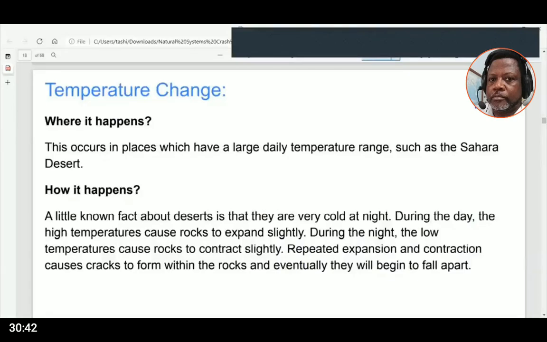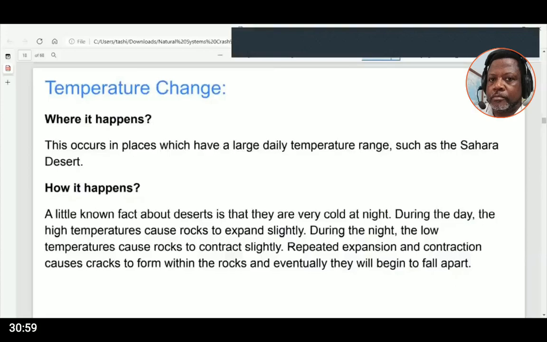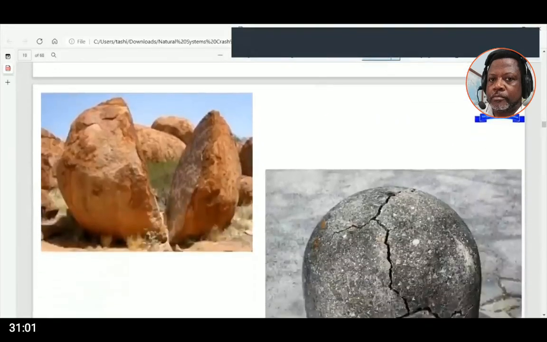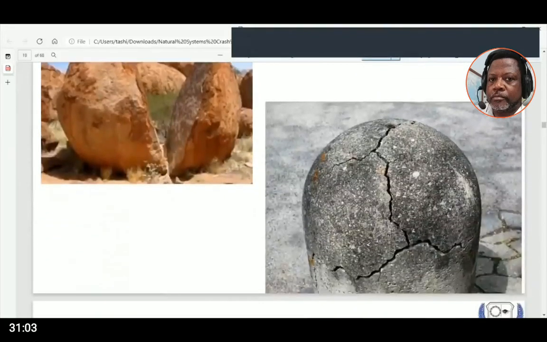So it's like breathing: up, down, up, down, up, down. So every night is one way, every day is another way. So this repeated expansion and contraction causes cracks to form in the rocks. So eventually, they just burst and fall apart. So this is what it would look like.